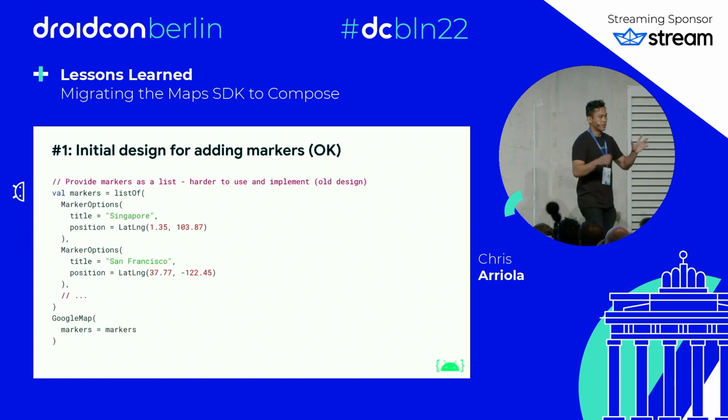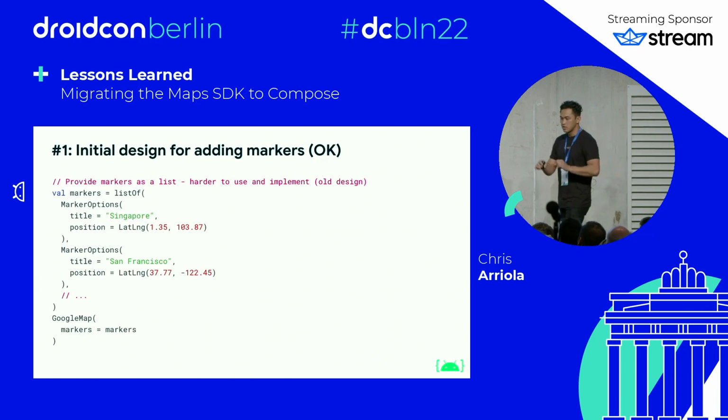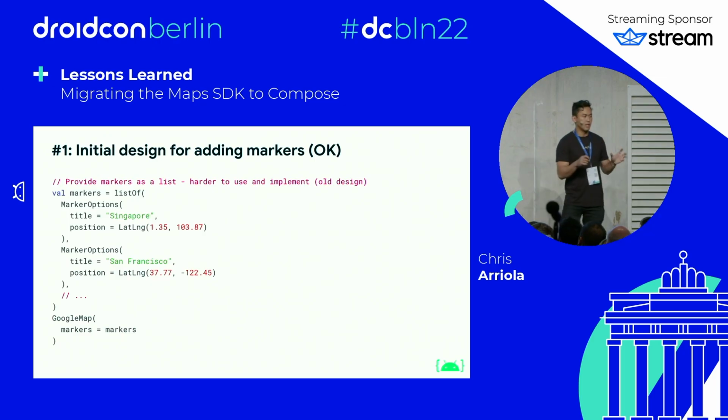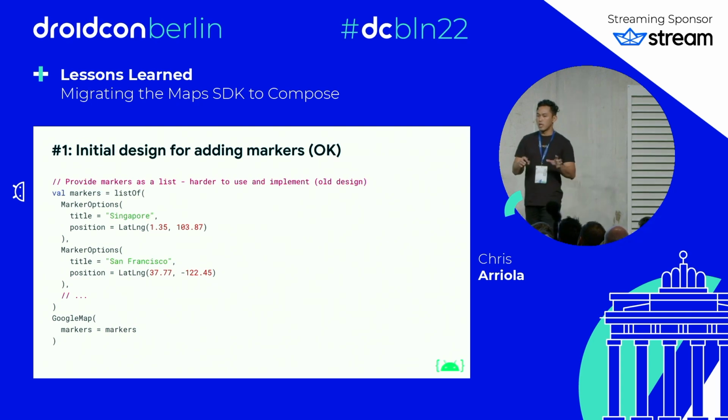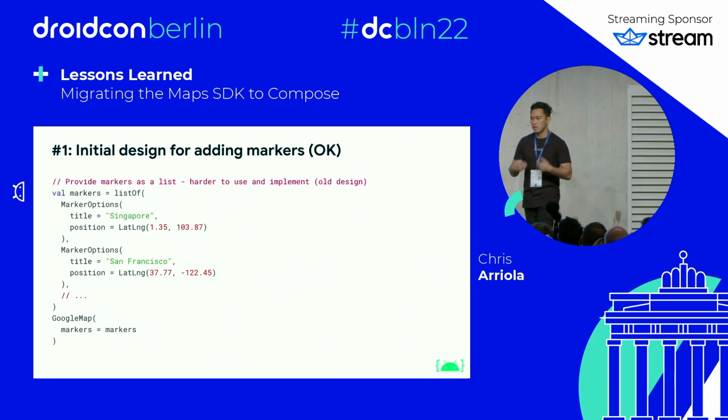Okay, so how does this principle translate in API design? Let's look at markers specifically. And I hinted at this implementation challenge earlier. So what if the composable function accepted a list of markers instead? And I mentioned that you have to essentially remember the previous state, and add, remove, or update based on the diff when things recompose.